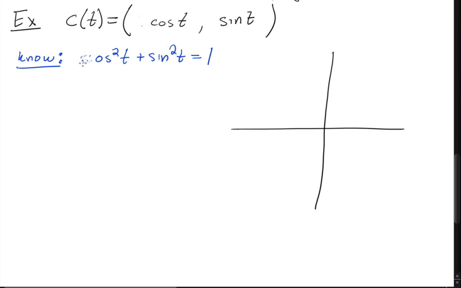Okay, but what is cosine? Cosine is equal to x, this is the x value and this is the y value. So cosine squared plus sine squared is equal to 1 means that x squared plus y squared is equal to 1. So that's the exact equation of the unit circle.